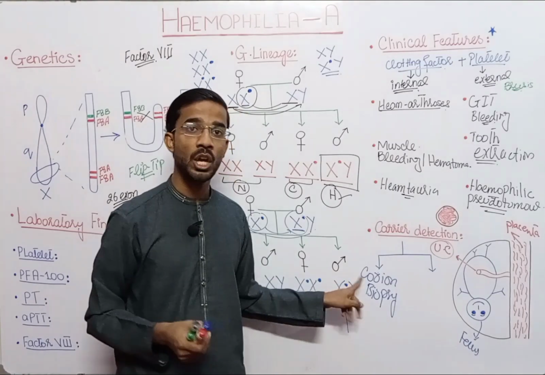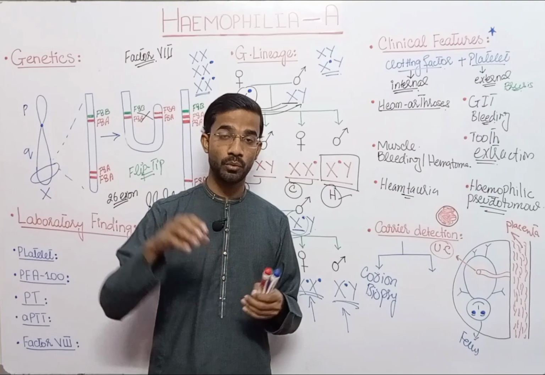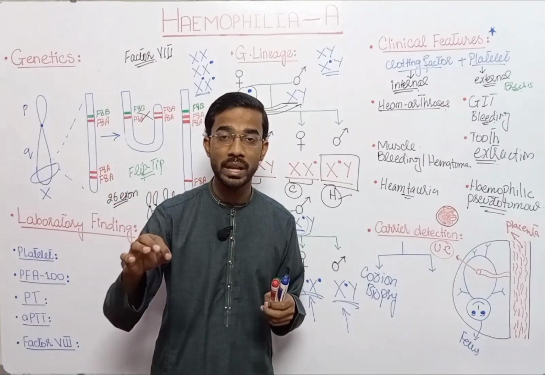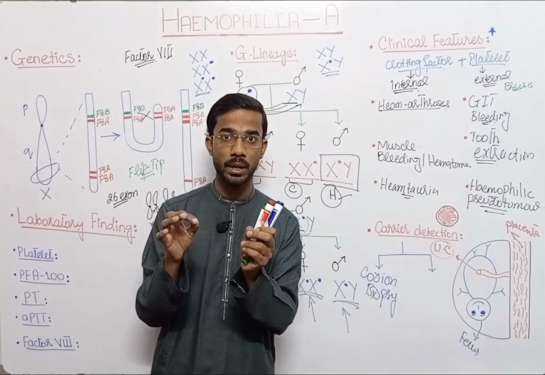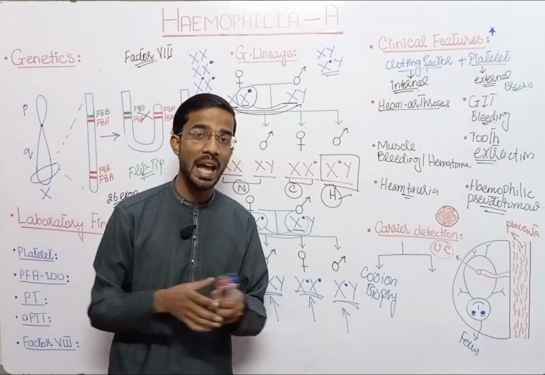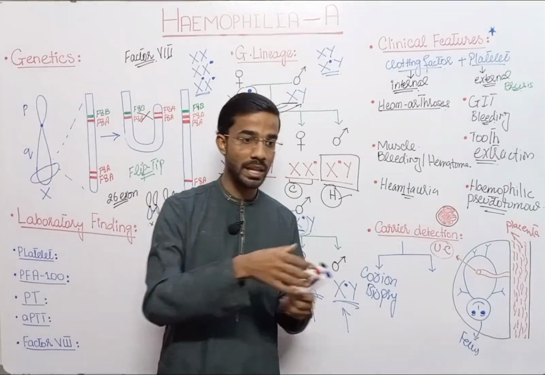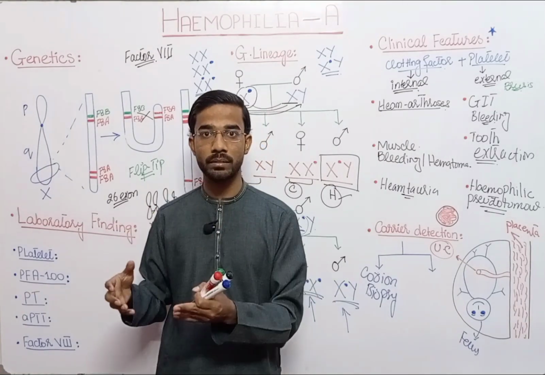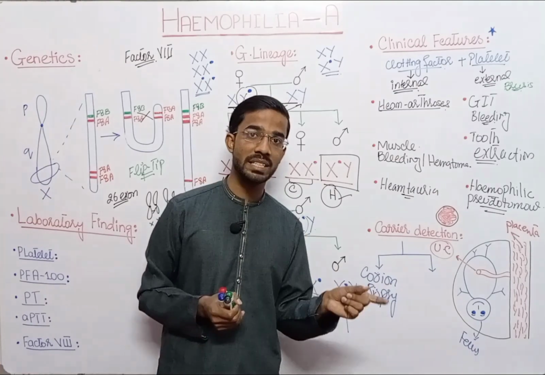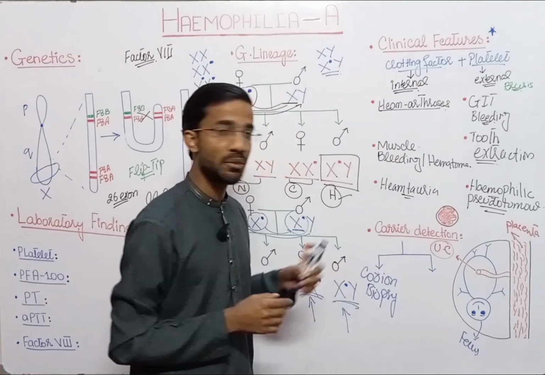In chorion biopsy, we take some tissue from the placenta, and in that situation we continuously do ultrasound. Through ultrasound monitoring, we take some tissue from the placenta, and it will help in the diagnosis of a defect in the DNA. If we take some tissue and check it genetically, it will help determine whether the fetus is affected by hemophilia A or not. So this is the first method.